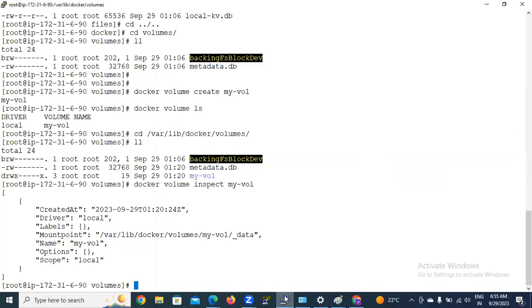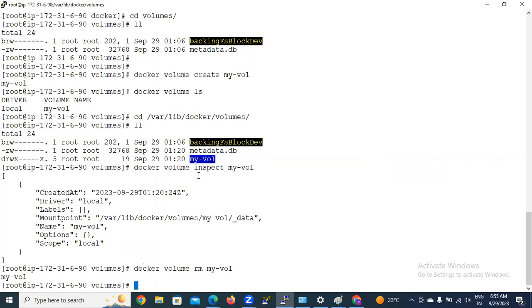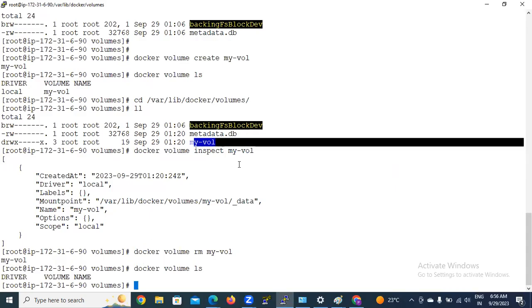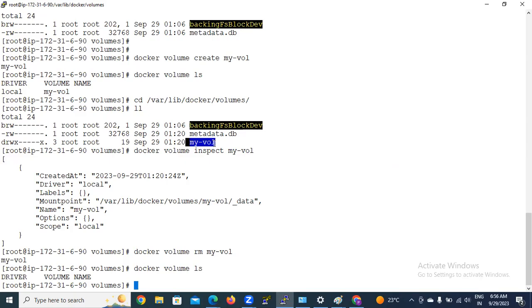And if you want to remove this volume, you have the command docker volume rm and the volume name. What is the volume name? This one. And now how can we see whether it is deleted or not? Docker volume ls. What happened? Nothing is there. So we can create volumes and we can delete volumes, but while deleting volumes we must be very careful. Why? Because these volumes are not empty, they store data.